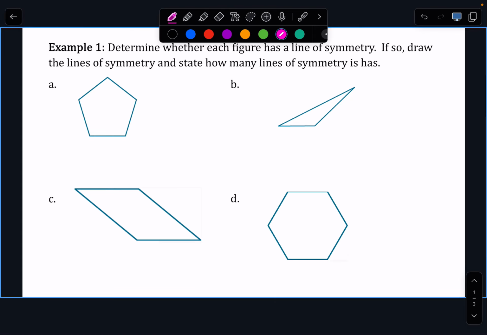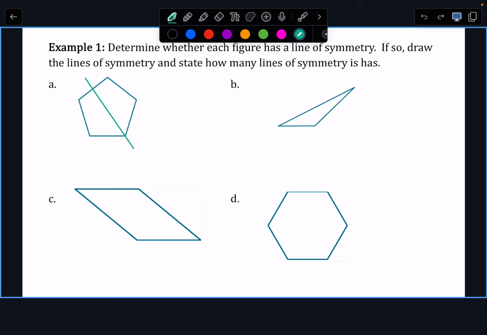Does A have line symmetry? Okay. How many do you think it's going to have? 1 or 5? Okay. Here's 1.